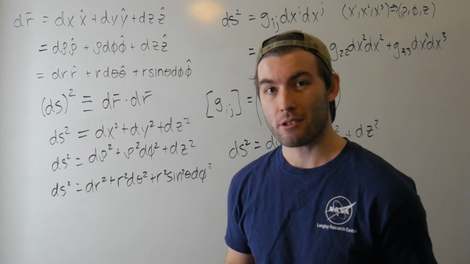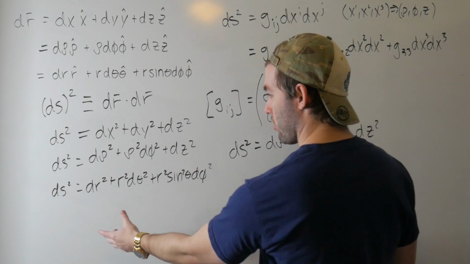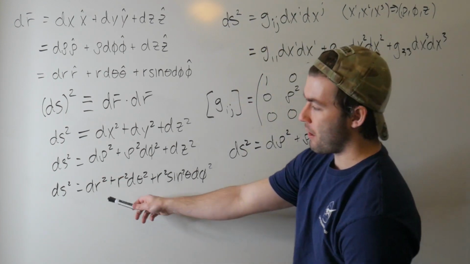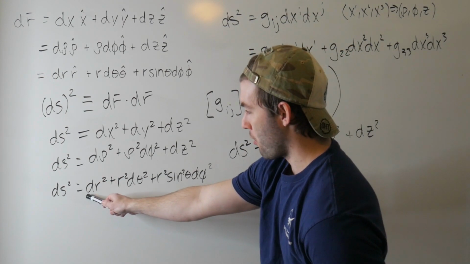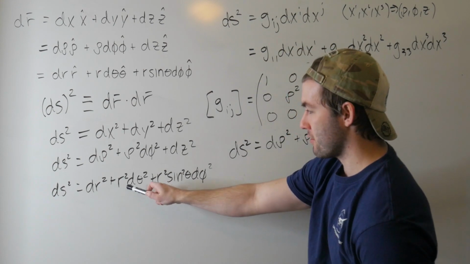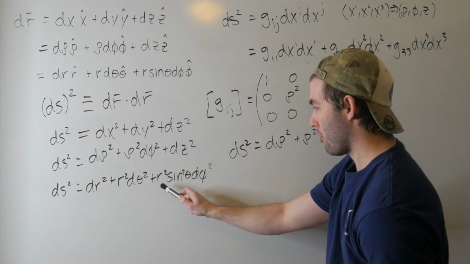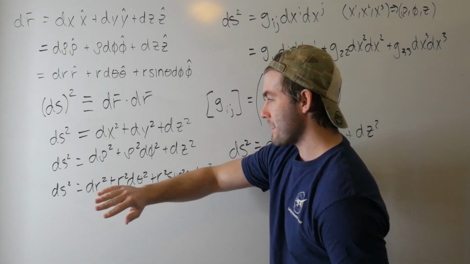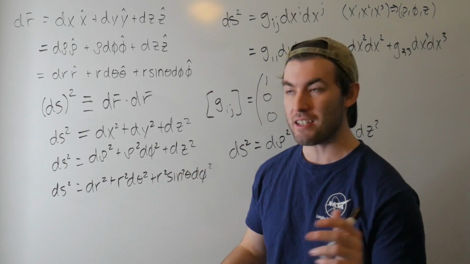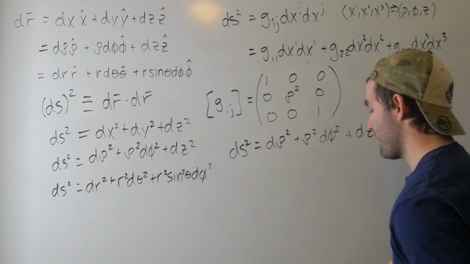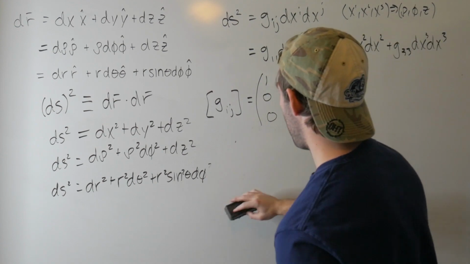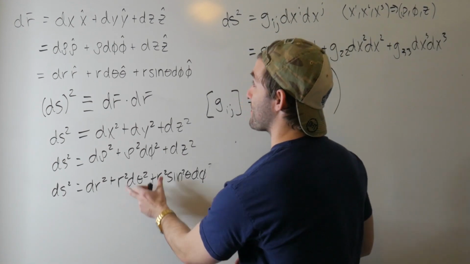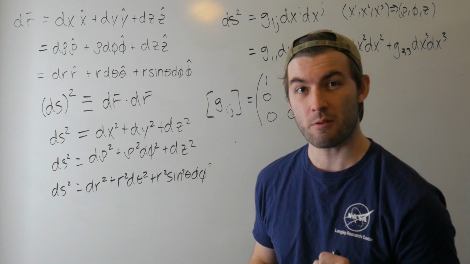That's what I'm about to show you right now. Sure, we could just say the 1,1 component should be a 1, the second diagonal term should be r squared, and the third term should be r squared sine squared theta. But let's pretend that we don't know that and see how we calculate the components of the metric to begin with. So I'm going to erase all of this, and I'm going to plop this answer right up there, and then we're going to see if that's what we get at the end.